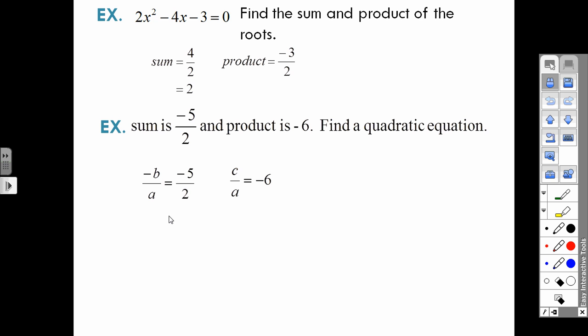We can use this information to solve for a, b, and c. This is a proportion. You can cross multiply, or better, set a equal to 2 and b equal to 5. Then we plug in 2 for a and can solve for c very easily. So c over 2 is equal to negative 6, therefore c is negative 12.